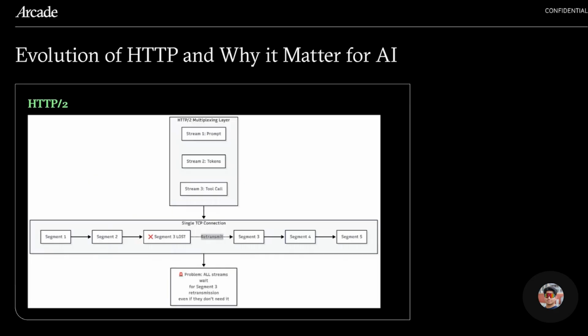So in 2015, we got HTTP/2, which is multiplexing on TCP. HTTP/2 introduced multiplexing of multiple requests over a single TCP connection through a framing layer. But this created a new problem because TCP itself doesn't understand these individual streams. This is TCP head-of-line blocking.